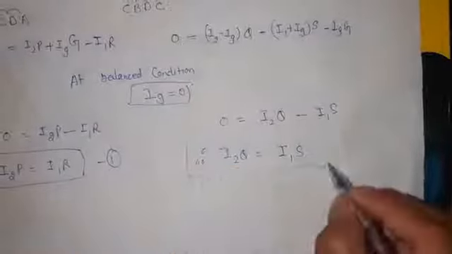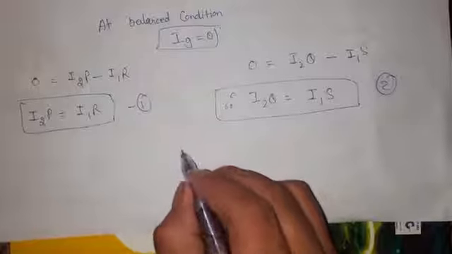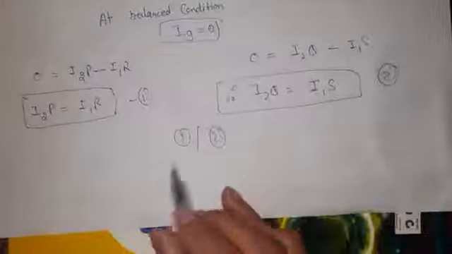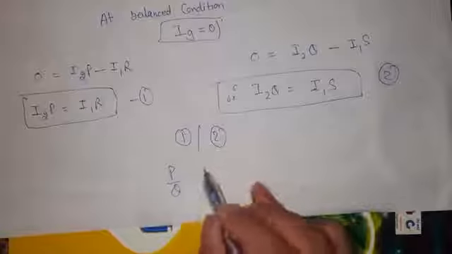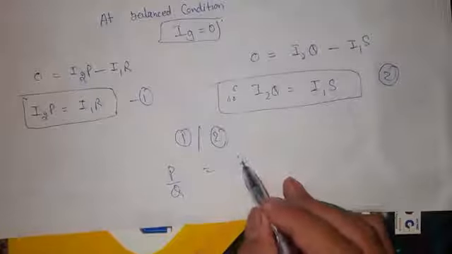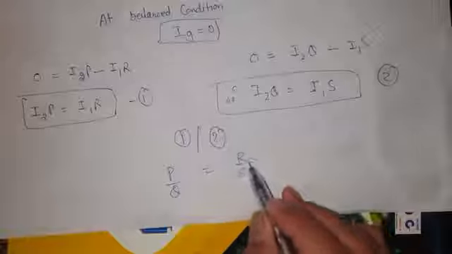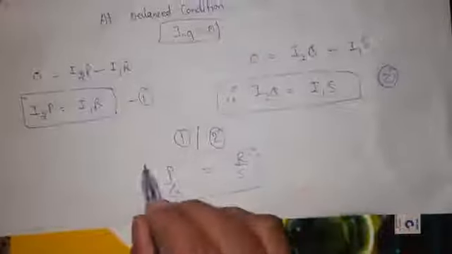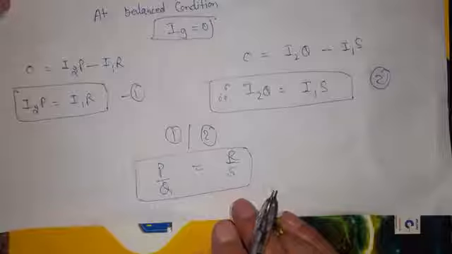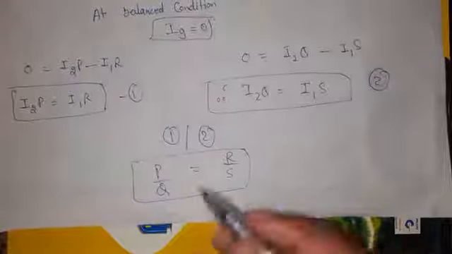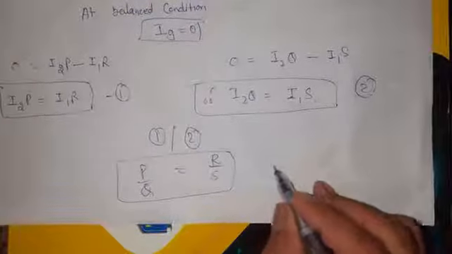Okay, so this is my second equation. So dividing the first by the second, we get P by Q is equal to R by S. So thus at balance condition P by Q is equal to R by S. Thus we have given the proof.